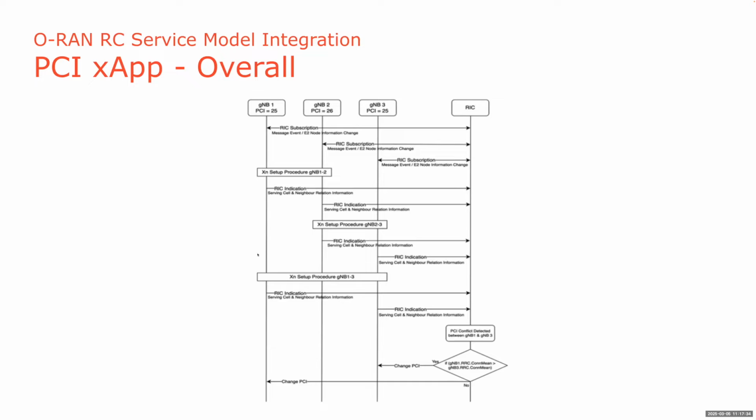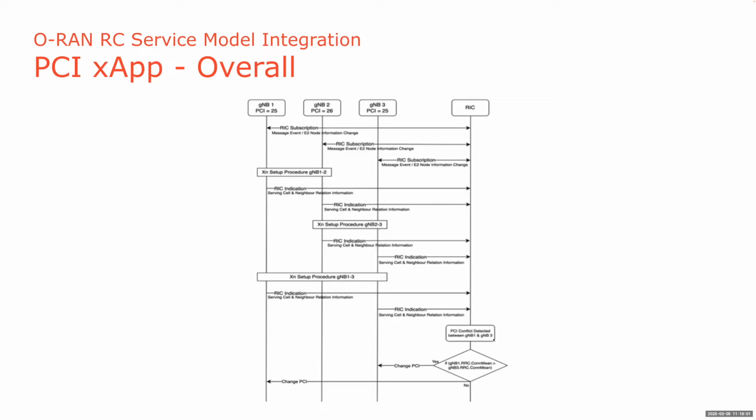And after that, the access setup procedure happens again between gNode B1 and 3. Then they will send the indication message to the RIC. And here, the RIC can identify gNode B1's neighbor is gNode B3, and they have the same PCI. So this PCI conflict is detected after the indication message comes in.